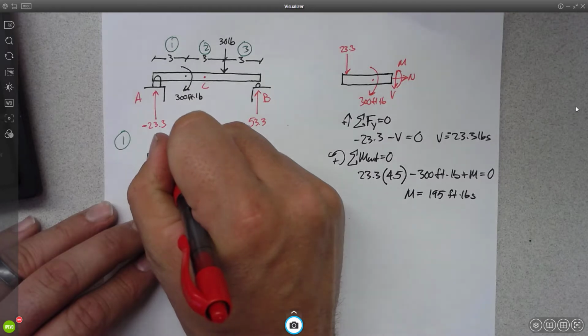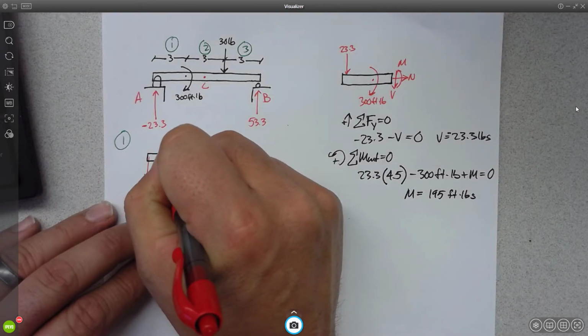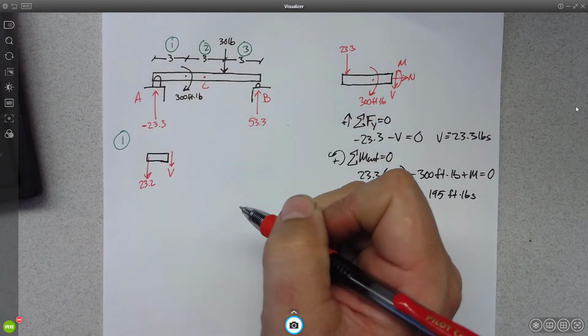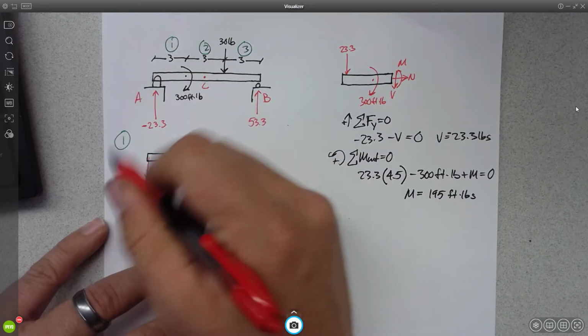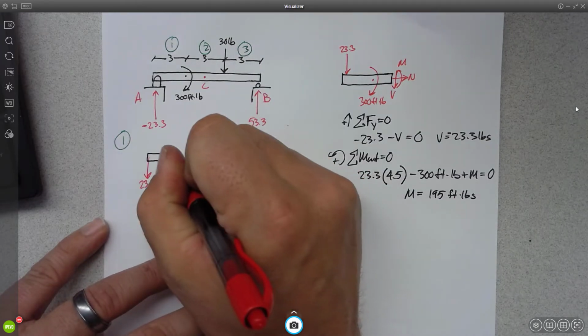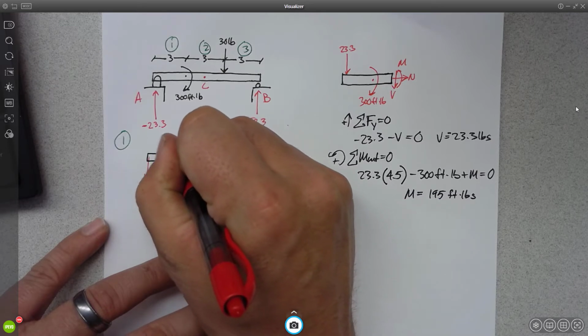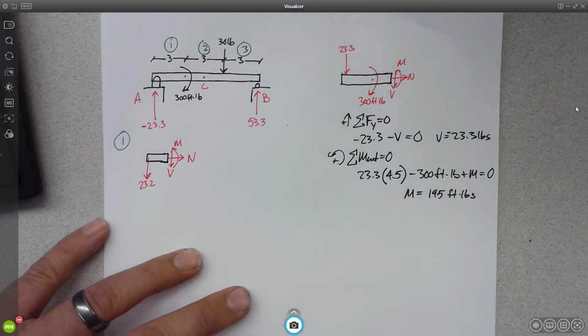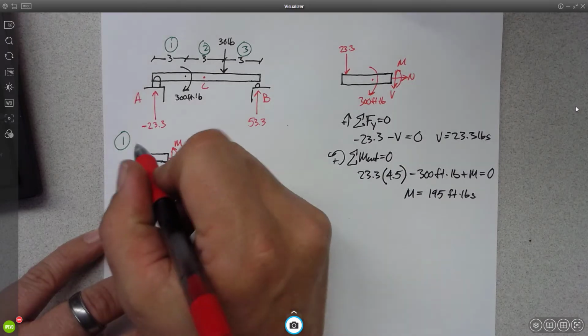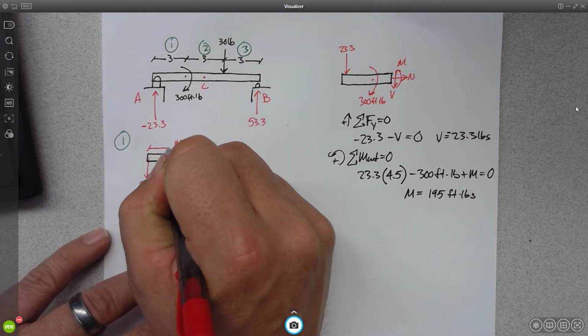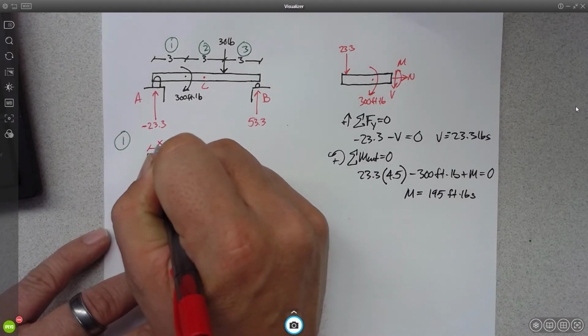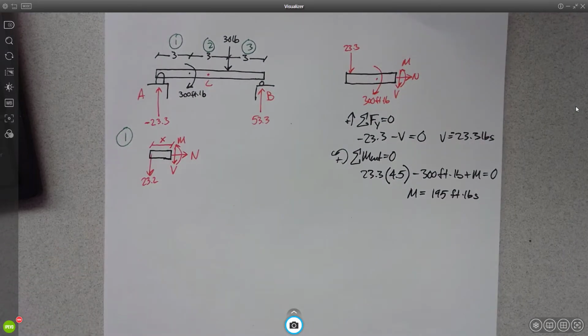We have shear pointing down because that would cause clockwise rotation. We have a normal pointing out of the cut, and we have a bending moment making a happy beam. Okay? And I'm going to put this cut an arbitrary distance x from the left-hand side.